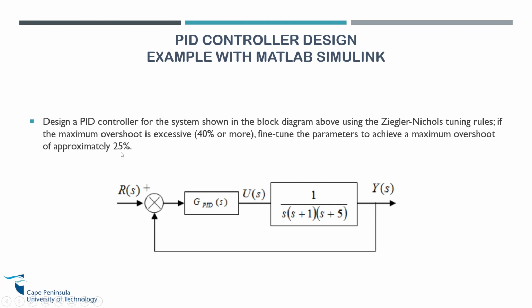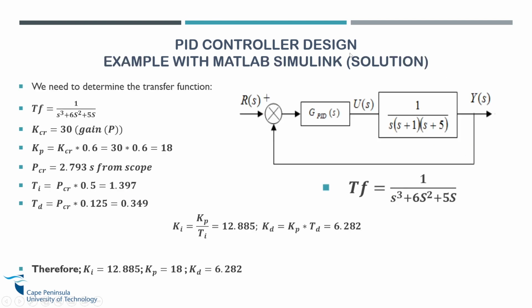This is what the question wants us to do, to design a PID controller that will be able to achieve approximately 25% overshoot, as we saw on the graph before, that we can achieve 25% for both methods, but we are going to use in this case our second method, as we did in class. Now this is the example.